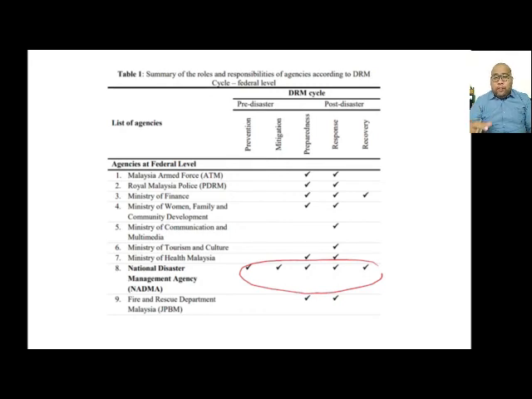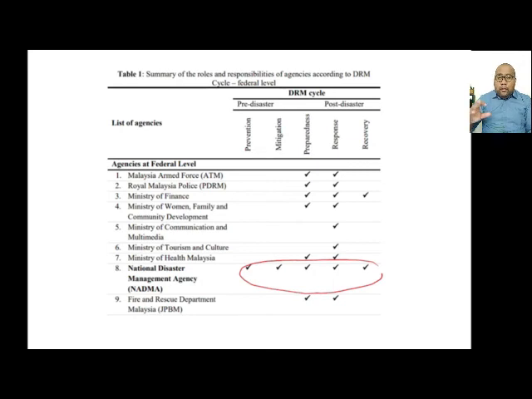So suppose Jabatan Meteorologi and NADMA need to collaborate with each other. If they found there is a heavy rainfall occurring in this place, Jabatan Meteorologi also has some simulation that can project 2 days of the rainfall. Ada teknologi sebenarnya Jabatan Meteorologi boleh project.